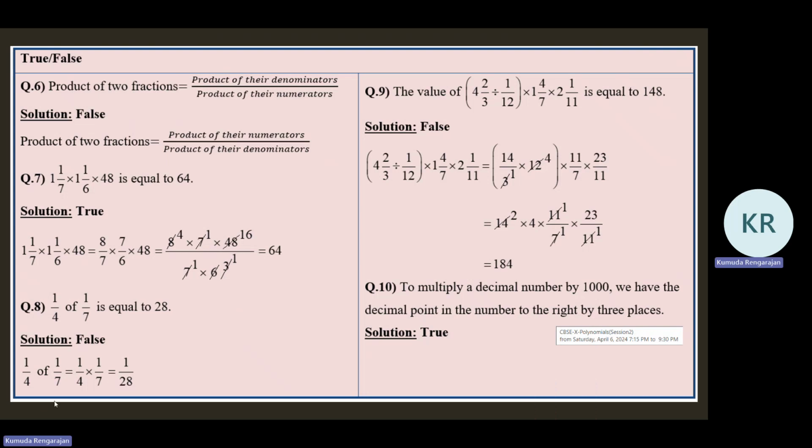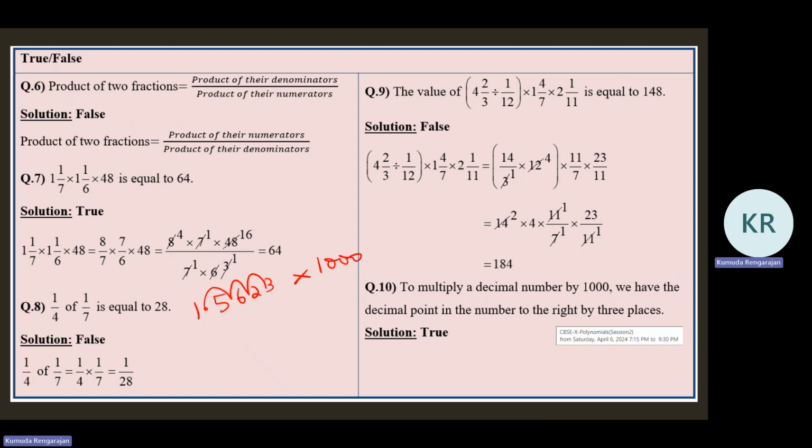How do you multiply? Now, if you have to multiply by 1000, take a number with the decimal point, supposing 1.5623. You'll have to multiply this by 1000. So what will you do? You'll move the decimal point to the right. 1, 2, 3.